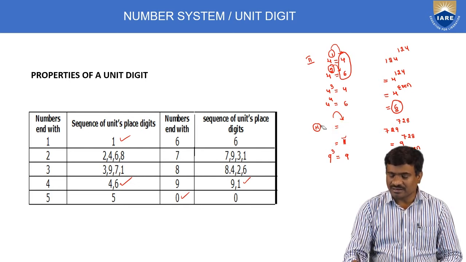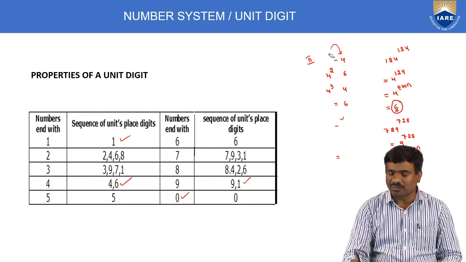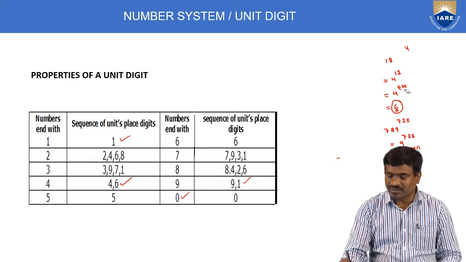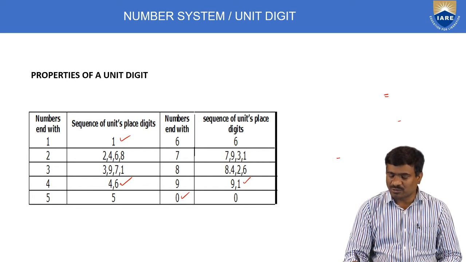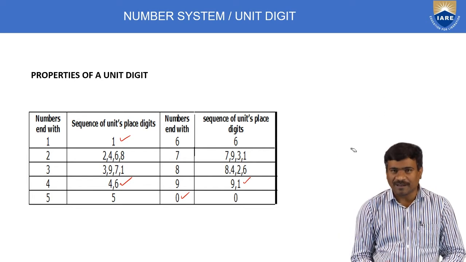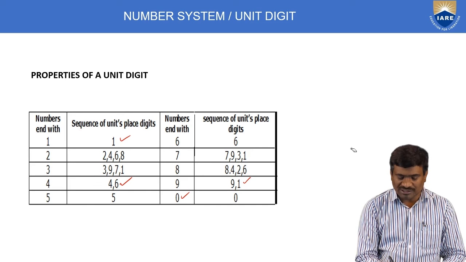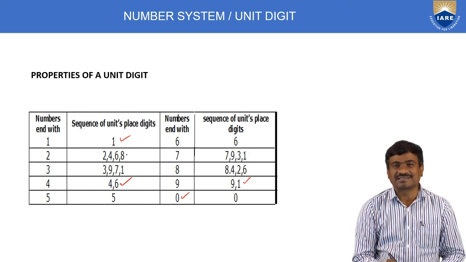That is called case 3. Case 3: cyclicity is important for the unit digit. You have to implement only cyclicity. These digits depend only on the cyclicity of a number. First, the unit digit property of 2: 2, 4, 6, 8.